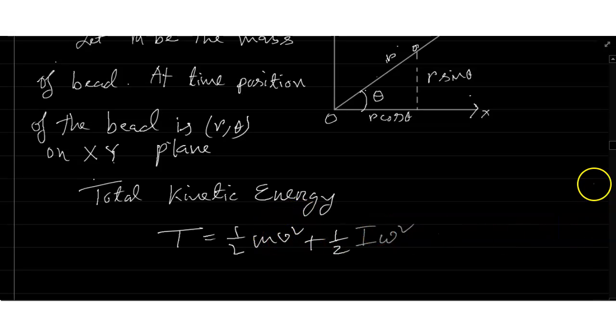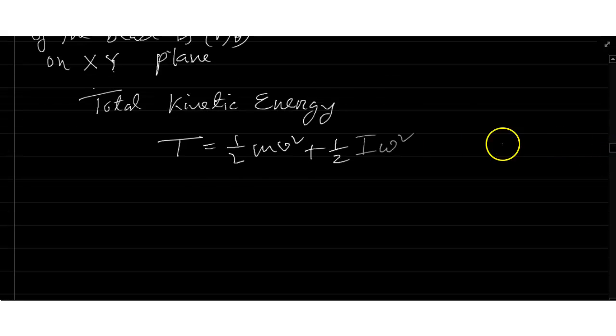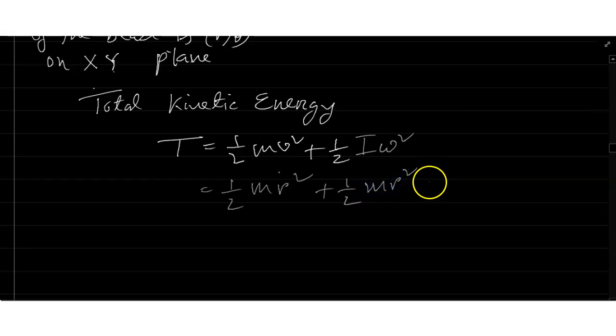So I can write this way: half m r dot square plus half m r square theta dot square.